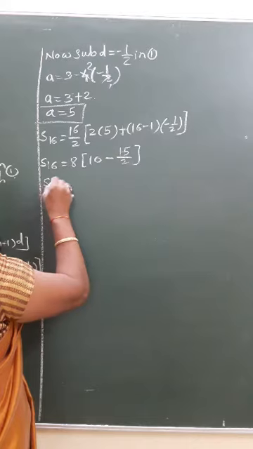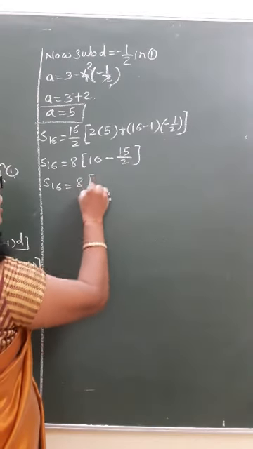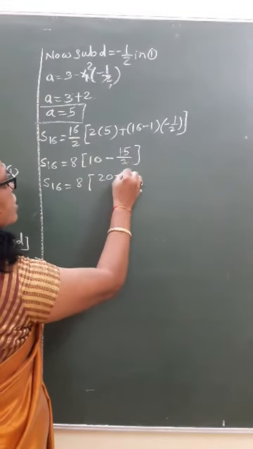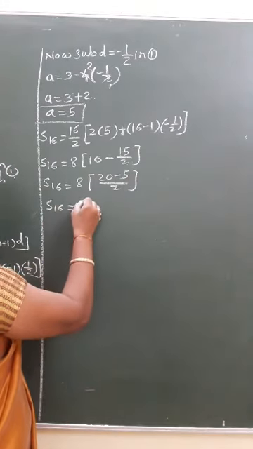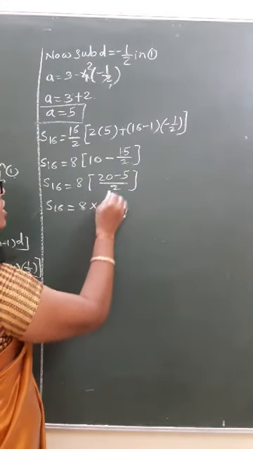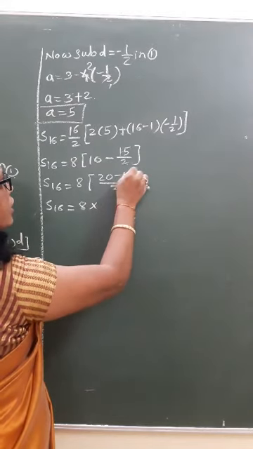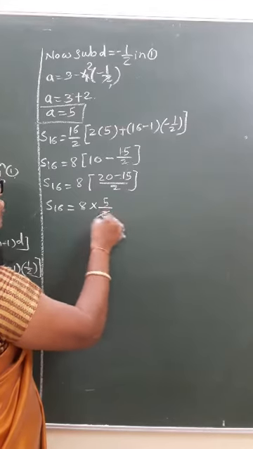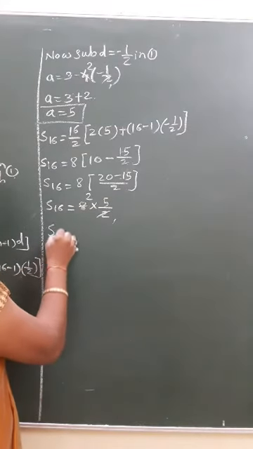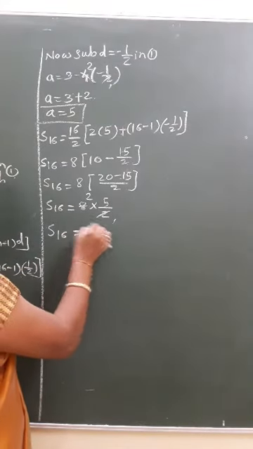So S16 is equal to 8 into 20 minus 5 divided by 2, this is 15, that is 5 by 2, and we get S16 is equal to 20.